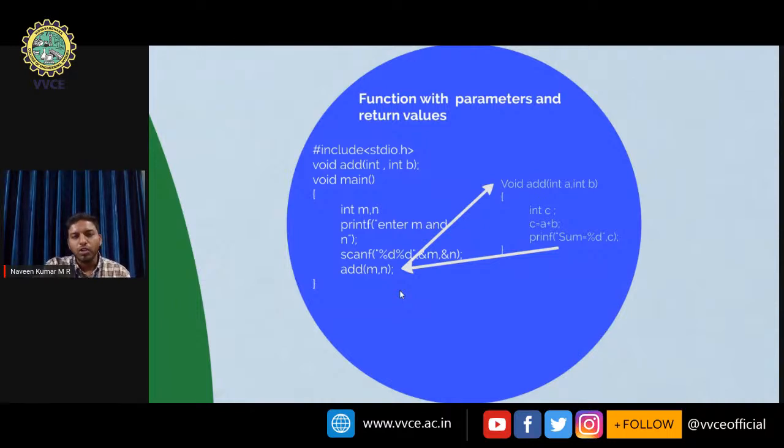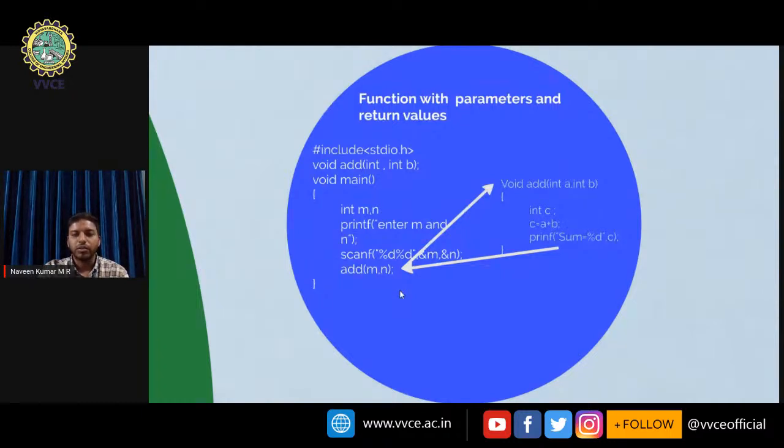So usually there is a calling function and then the called function. The calling function here is the main, the called function is the void add, that is int c is equal to a plus b. So you are declaring a particular variable, that is int c is local variable to that particular function add. C is equal to a plus b is the value.